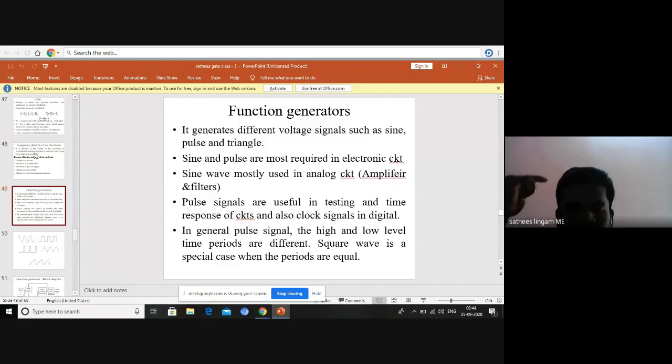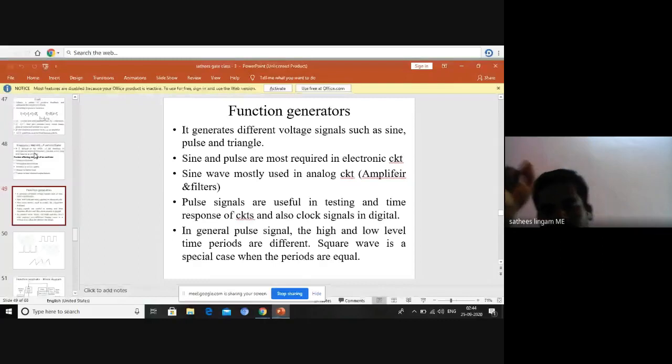Even though the amplitude is common, the wave structure is changing. Such a generator of different voltage signals is called a function generator.